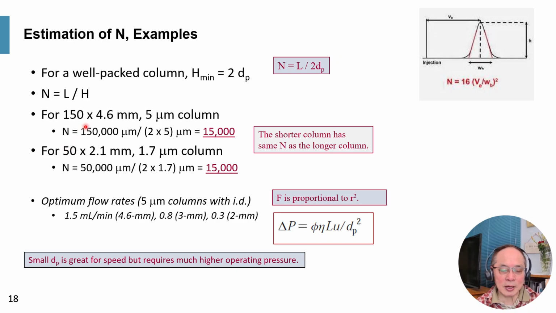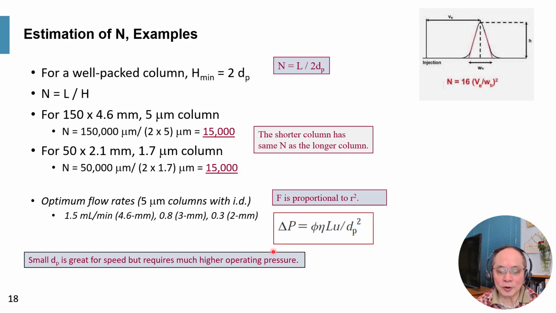For a 15 centimeter column packed with 5 micron particles, you go through the arithmetic, you have 15,000 plates. However, if you do the same thing for the 1.7 micron, or sub-2 micron particle size, one only has to use a 5 centimeter long column, and one can get basically the same efficiency, right? So that means you can use a short column, at least 3 times faster, and you can get the same efficiency. This is a good thing.